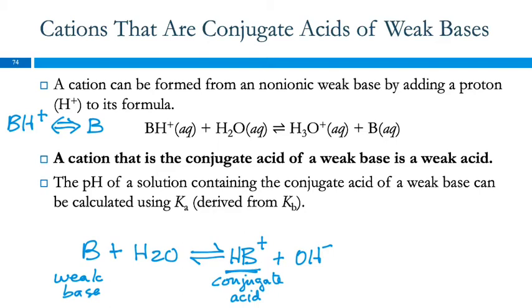So this arrow here is equilibrium. We have an arrow going to the right, we have an arrow going to the left. The reaction is going in both ways. It's a dynamic equilibrium. So they're passing this hydrogen ion back and forth. Some are going this way, some are going that way. At equilibrium, the rate of both reactions is the same.